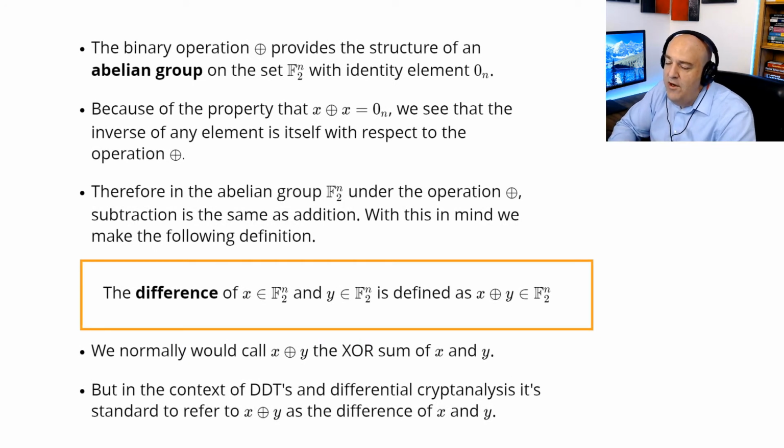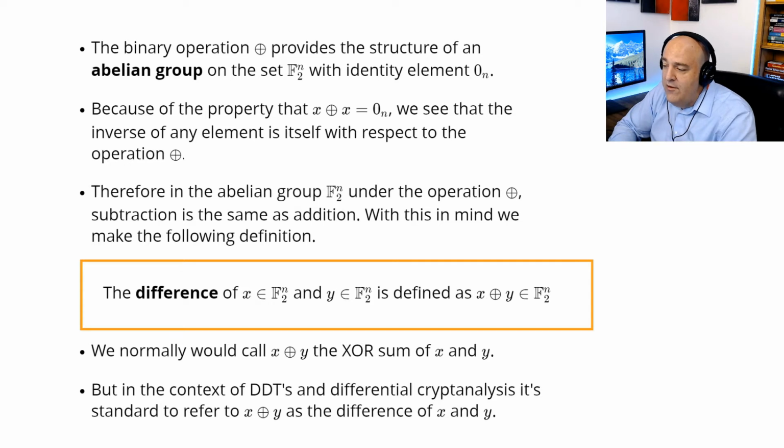And as we saw, this operation provides the set F2^n with the structure of an abelian group, and it has the identity element being 0_n. And like we mentioned, since x plus x is 0, we see the inverse of any element, negative x, is x with respect to this operation. So that means that in this abelian group, subtraction is the same as addition.